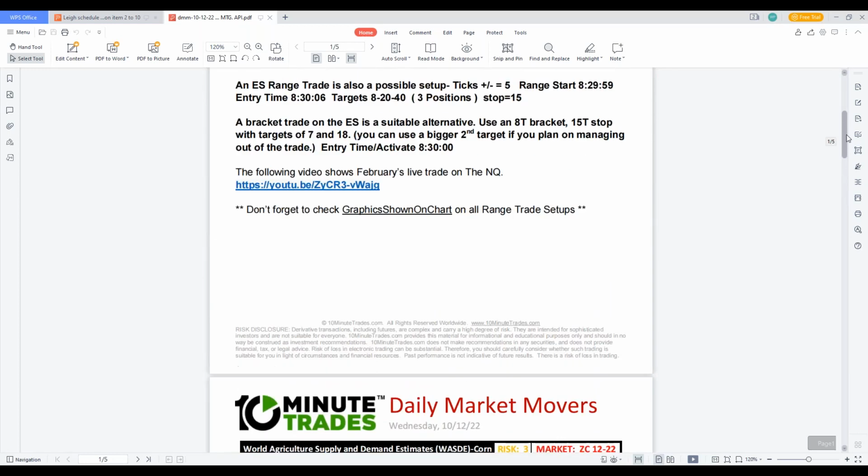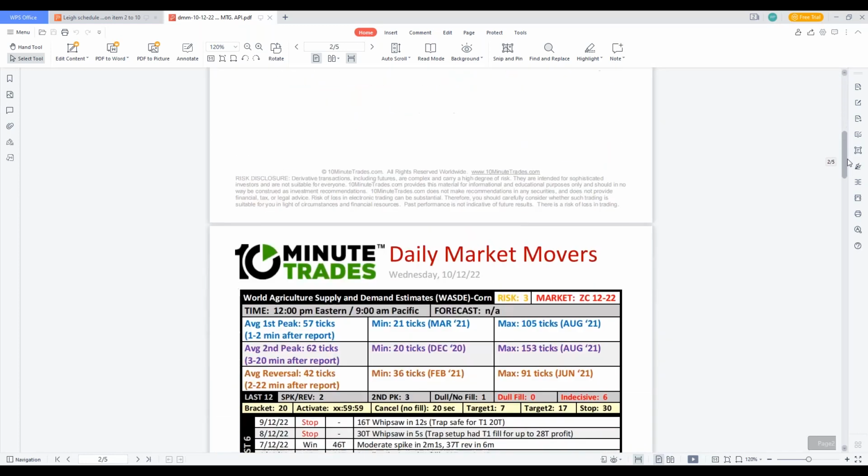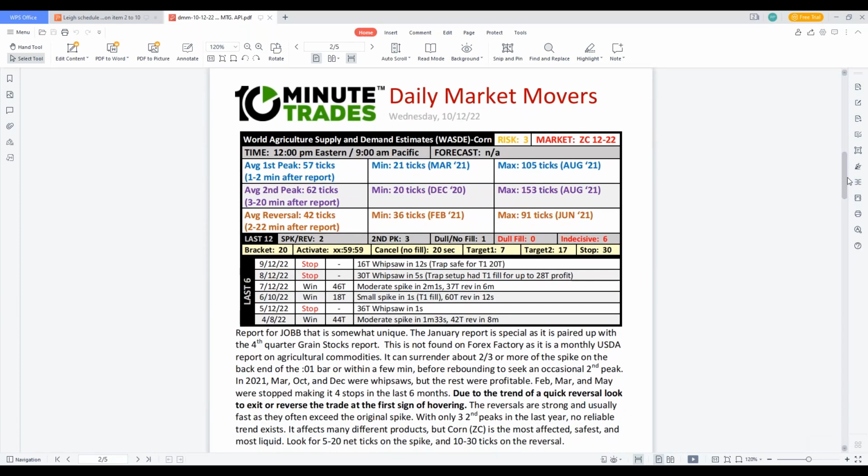The DMM is set up as a breakout because traditionally this report has been a breakout, but look, it's been 50-50 for 6 months, okay? Yes, it's had some good winners, but it's had some losers. It's made money half the time. I want better than half the time, okay?